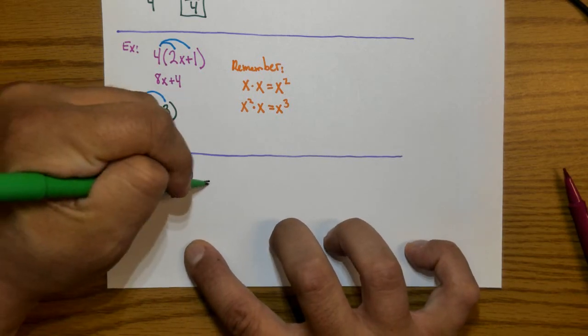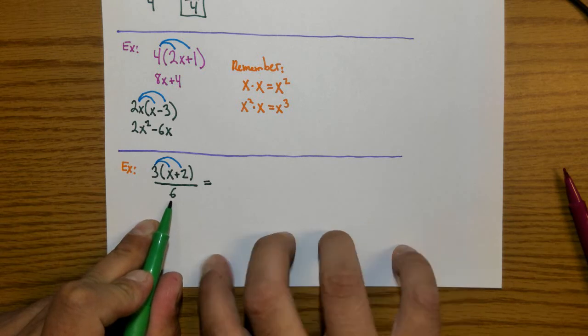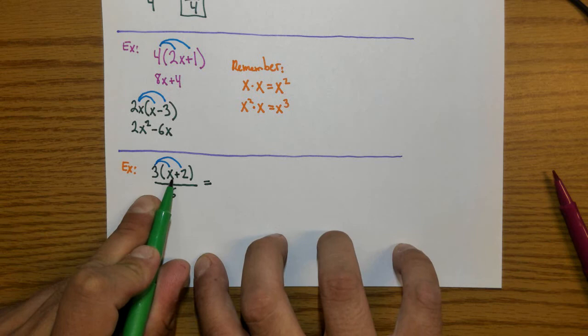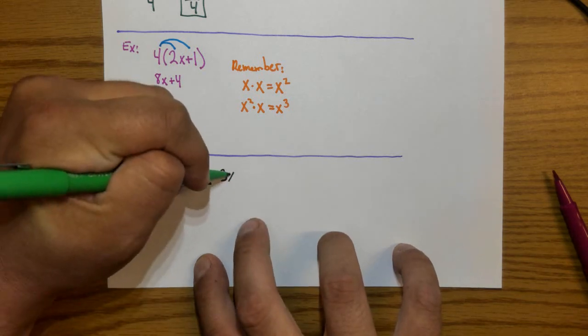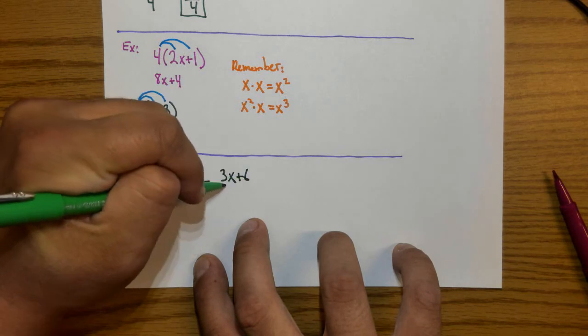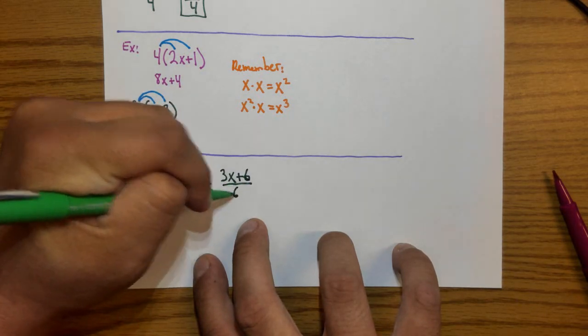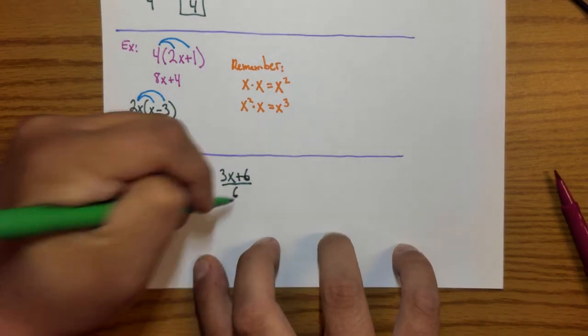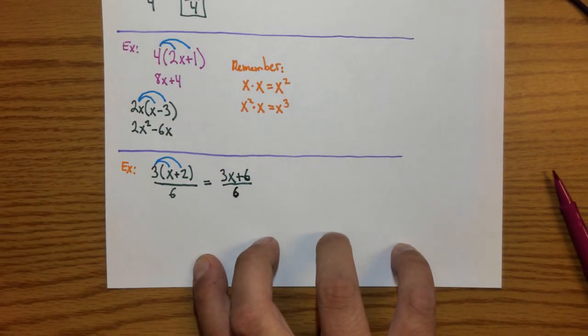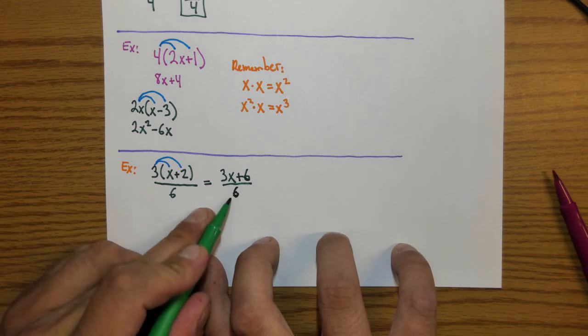And the bottom is just a 6. Already looks like it's simplified, so we can just not worry about that. 3 times x is 3x. 3 times 2 is plus 6, divided by 6. Oh, those should be 6s, sorry. And that is as simplified as we can. We can't divide this out.